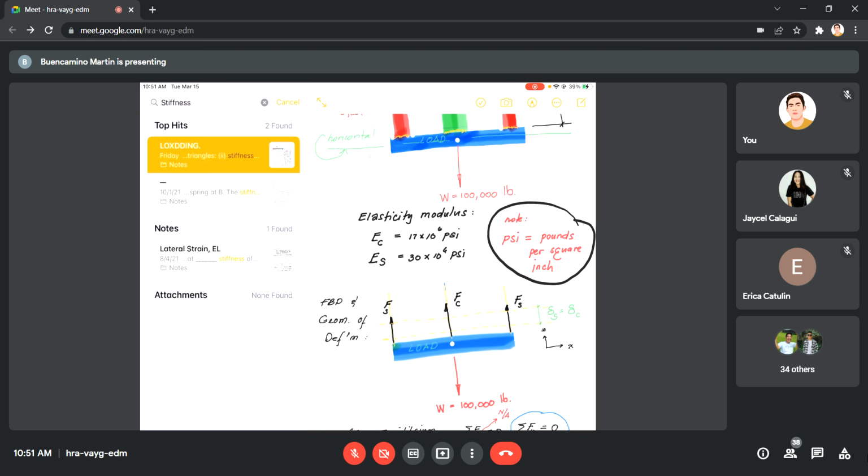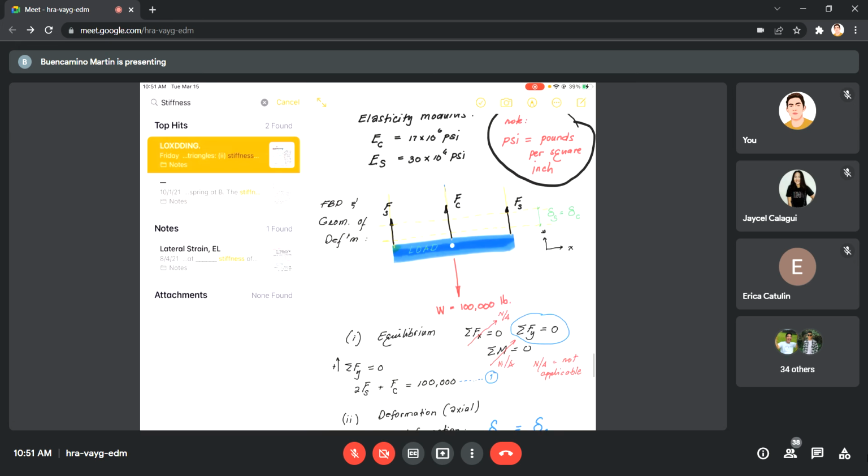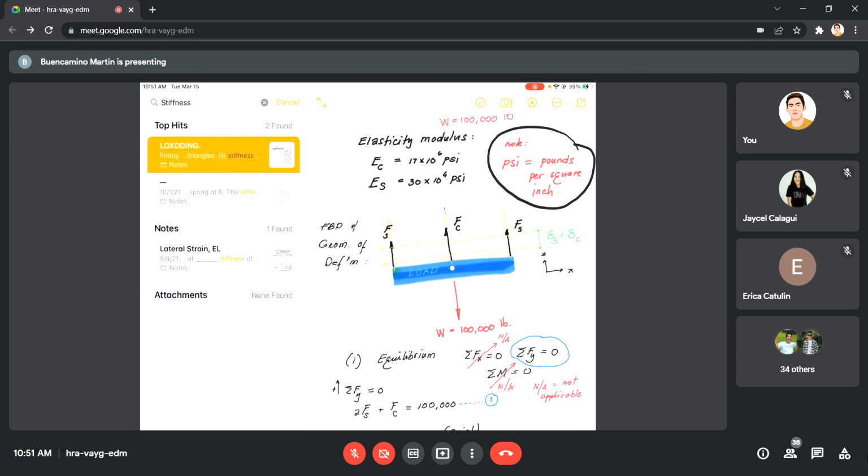No? Okay. So, we start by solving the equilibrium of forces acting along Y. And we're going to consider upward forces as positive. Okay. And we can see, class, that we have 2Fs plus F sub C is equal to 1,000 pounds.